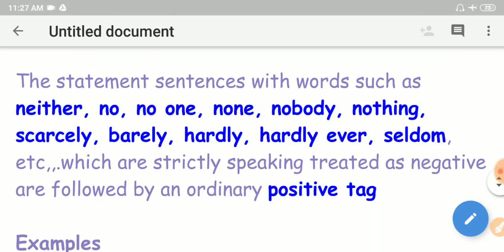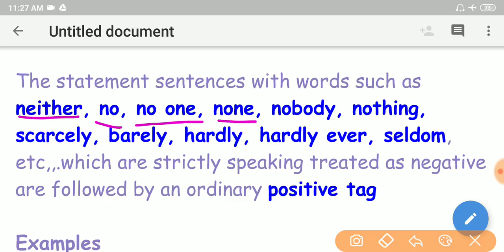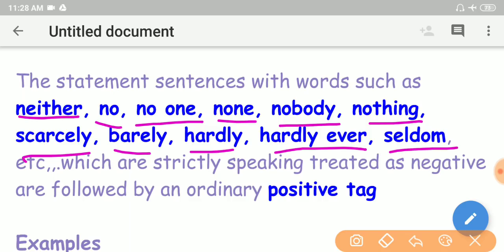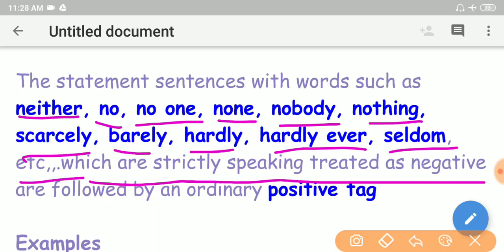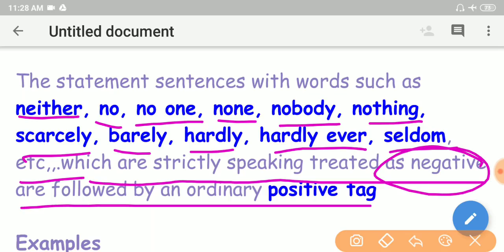So let us go with rule number 8. The statement sentences with words such as neither, no, no one, none, nobody, nothing, scarcely, barely, hardly, hardly ever, seldom, rarely, etc., which are strictly speaking treated as negative, my dear friends, are all followed by an ordinary positive tag.